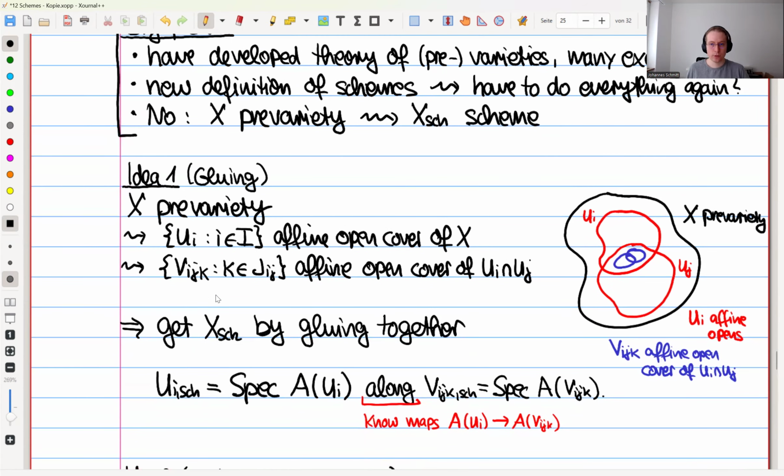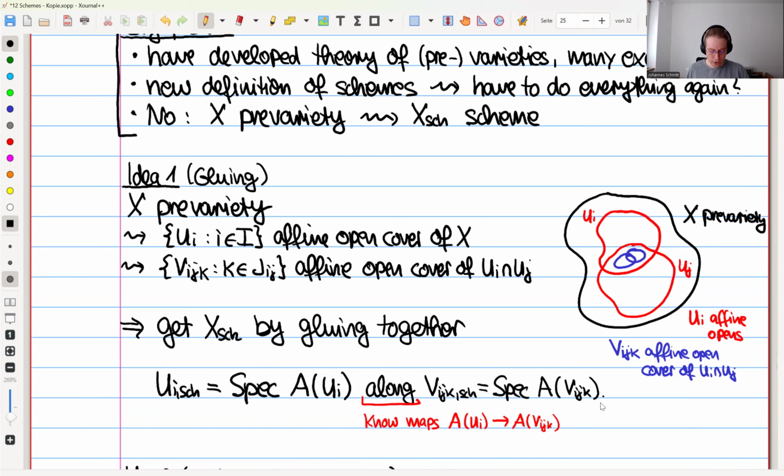Then how can we get the scheme representation of X? You just take these affine varieties, their coordinate rings, and then the spectrum gives you affine schemes. So for each of these red things, you get an affine scheme, and then you glue them together exactly along the affine schemes for these blue parts covering the overlaps.